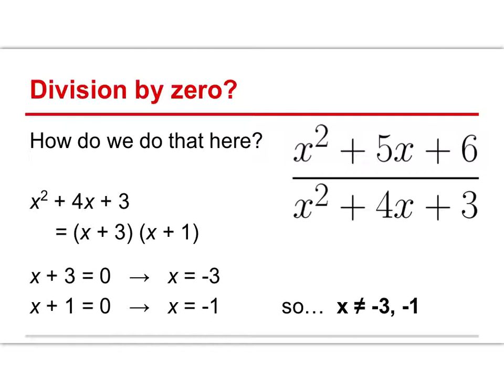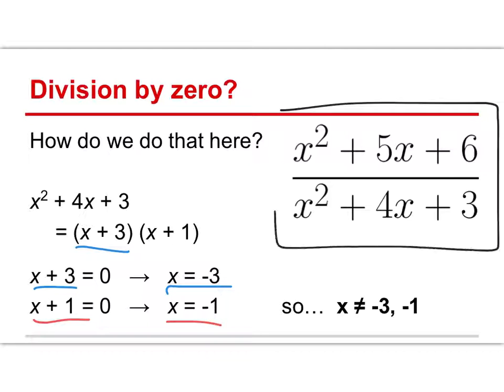And then we'll take each of the factors, the x plus 3, set it equal to 0, and find we'd have a problem if x is negative 3. Then we'll do the same thing with the x plus 1. When we set that equal to 0, we find that x cannot be negative 1. That's why we conclude that no matter what we do with this, we can't let x be either of those two numbers. Don't let it be negative 3, don't let it be negative 1.